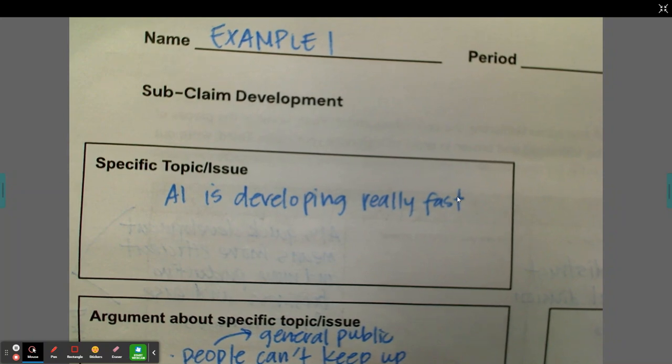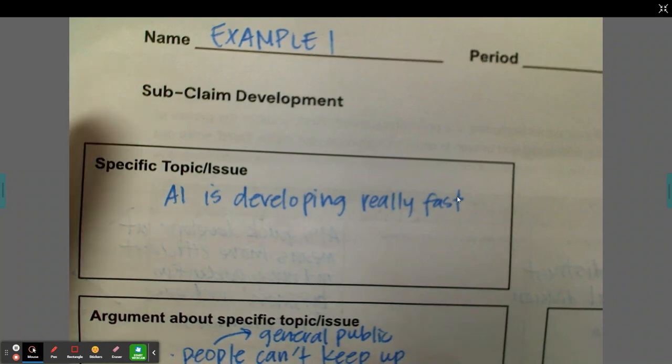We're not going for perfection. We're not looking for the best words right now. We just want to, in as few words as possible, identify the specific topic or issue. So go ahead and write that in the first box.